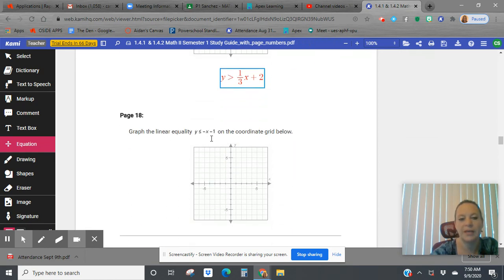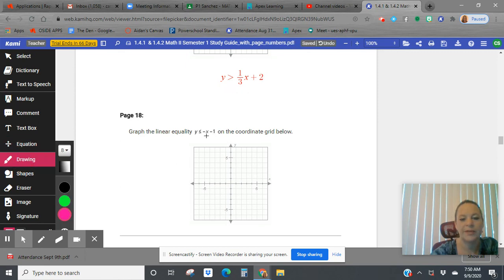Graph this linear inequality. So here's my b at -1, and here's my slope of down 1 over 1. So at -1, I would start. I'd go down 1 over 1. Now before I can just arbitrarily draw that line, I need to go up and peek at this. It says less than or equal. So is this a solid or dashed line? Since it has the line, it is a solid line.